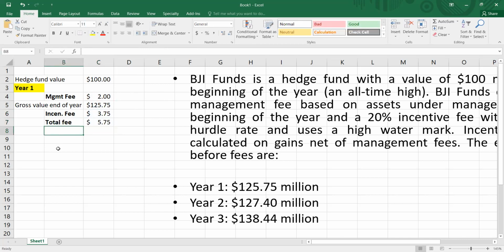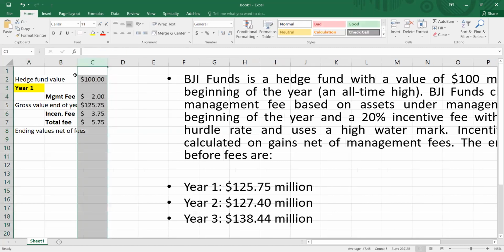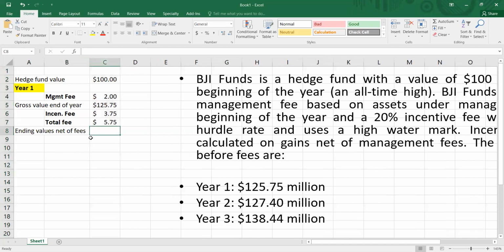And ending value net of fees, which means that we should see what is the ending value out of the fees. Like we need to take out all the fees that we get.